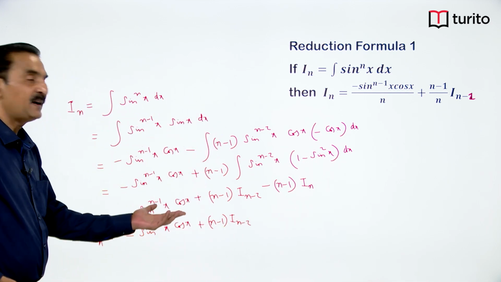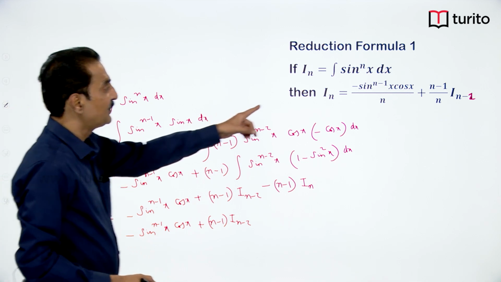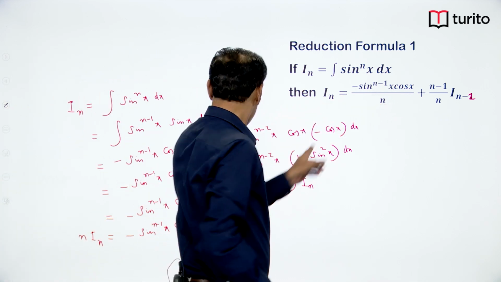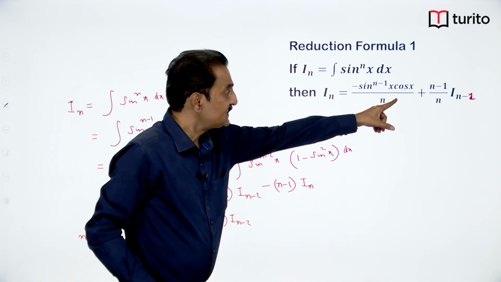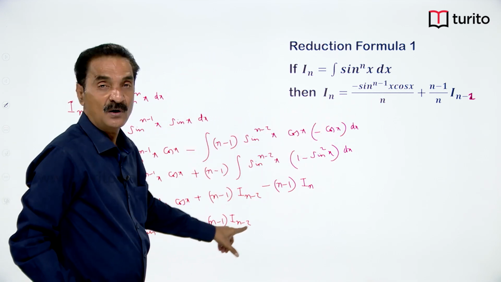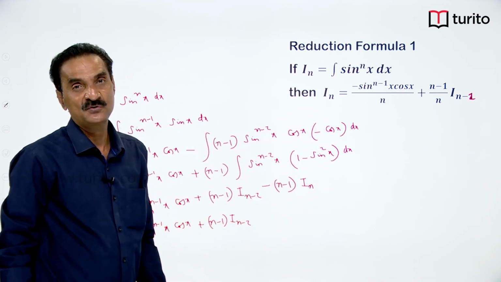Now, dividing by n, we get In is equal to minus sin^(n-1)x cos x by n plus (n-1) by n into In-2.